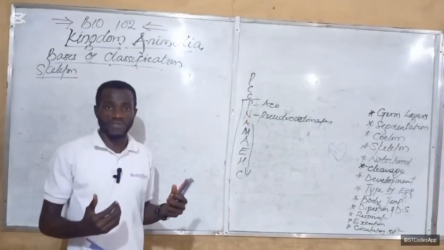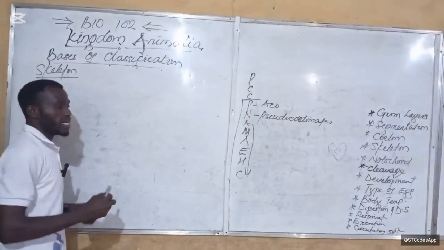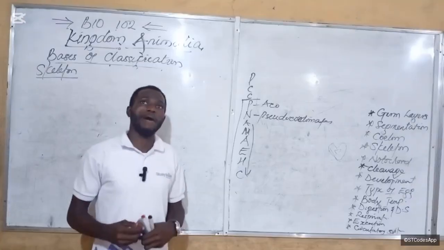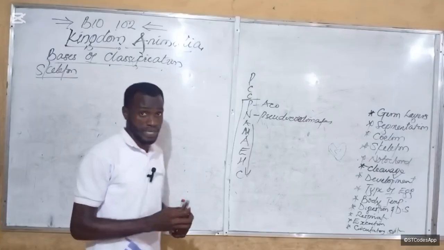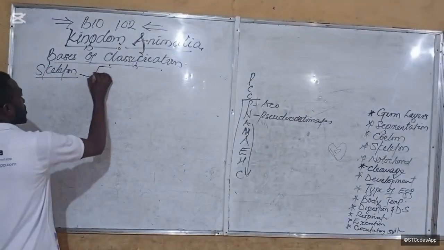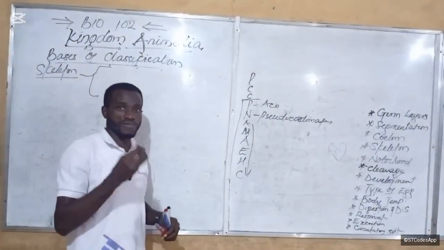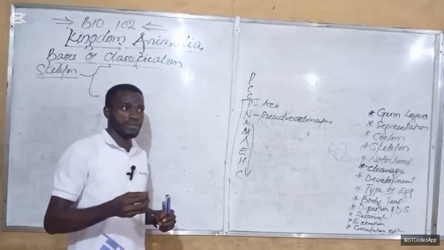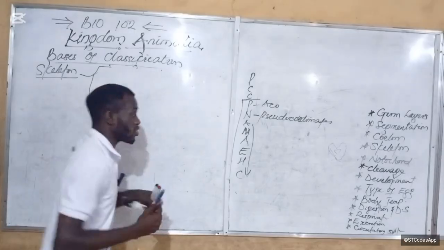So it's the body framework for support and structure that is the skeleton. Now, based on where or how they appear on the body of the organism, not the content, but how they appear.